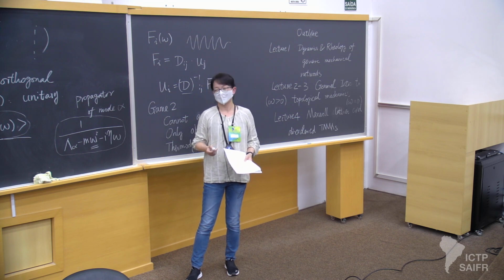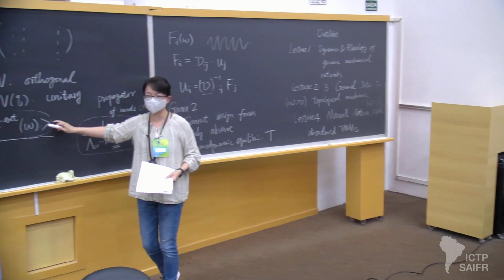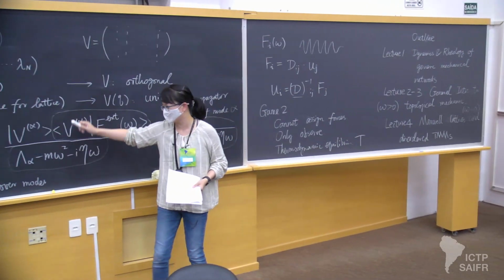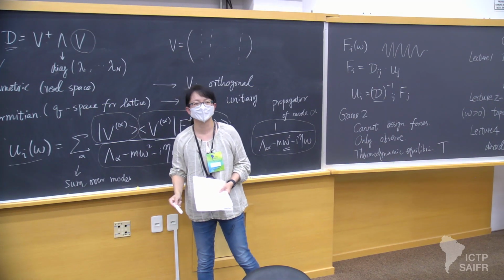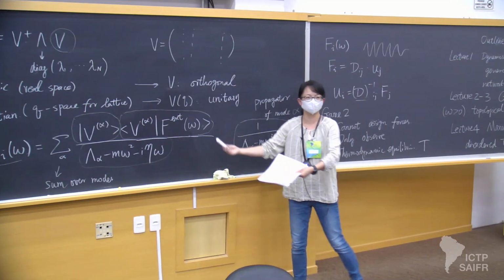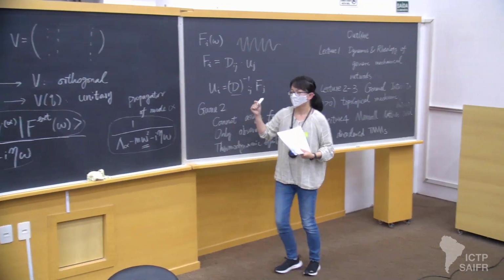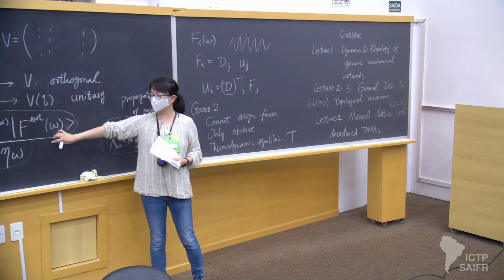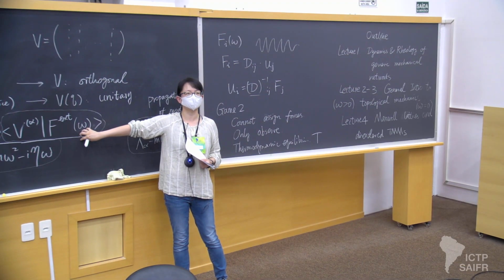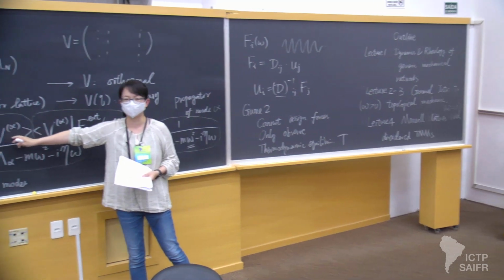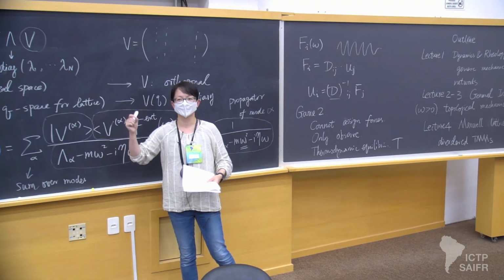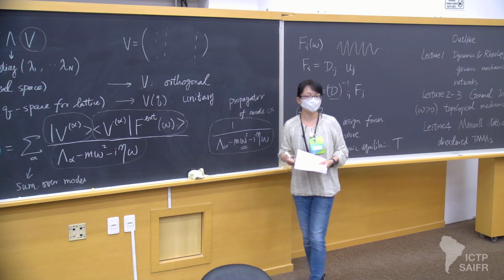And then after you multiply this projection and this propagator, you project it back into real space. So this is basically how strongly each of the normal modes is excited when you have these external forces, and then you translate it back to real space on each site. Any questions?